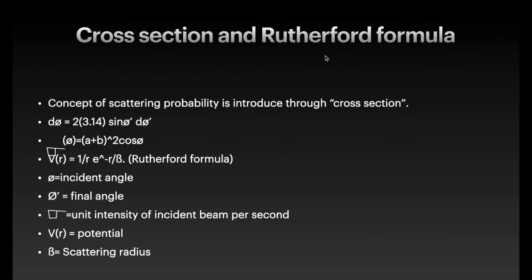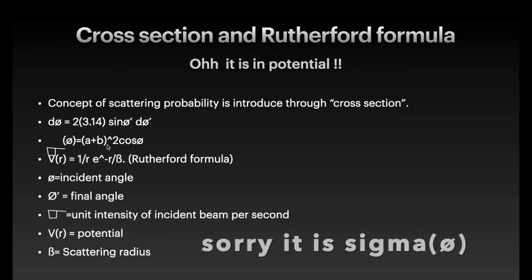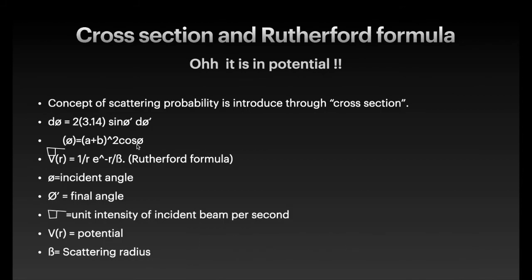In the cross section and Rutherford formula, the concept of scattering probability is introduced through cross section, and d sigma is equal to 2 pi sin theta dash d phi dash. Theta is equal to a plus b square cos theta.